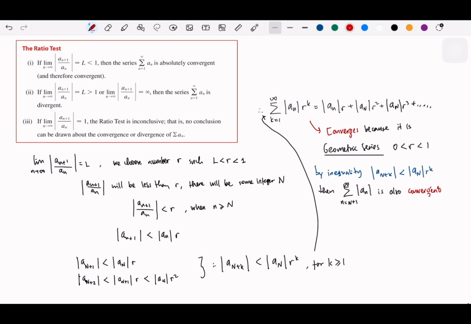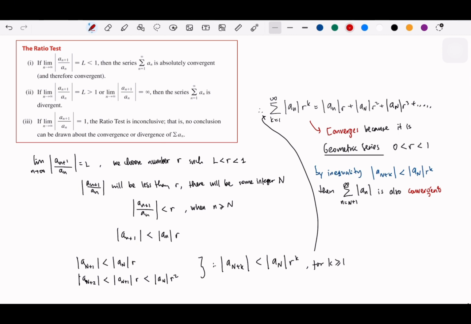This is just the argument that if we increase the n by changing with the integer +1, +2, +3, +4, it will be adding more and more in line, which is going to be pretty similar to the geometric series.